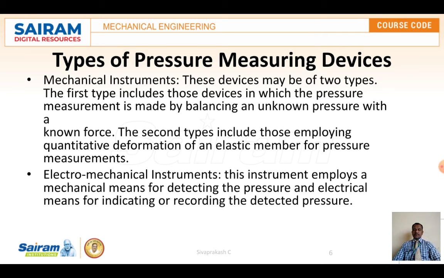Then comes the types of pressure measuring devices. Some mechanical devices are used to measure the pressure, some electromechanical devices, and some electronic devices can be used as well. Normally the Bourdon pressure gauge, diaphragm, as well as bellows are the mechanical instruments.